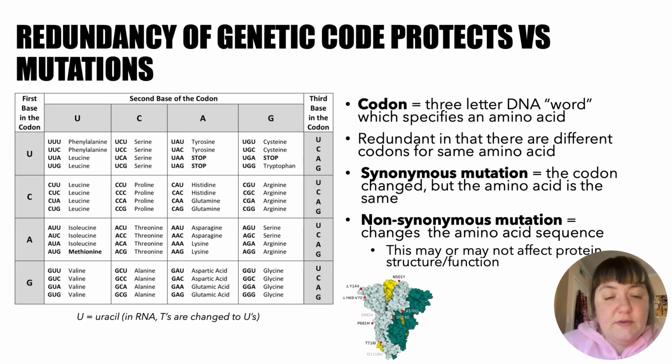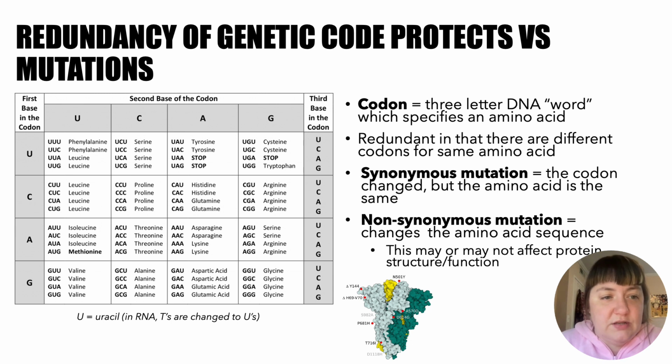One of the reasons that the majority of mutations are neutral is this built-in redundancy of the genetic code. This is a codon table, and this is universal throughout all of life, which is pretty cool.